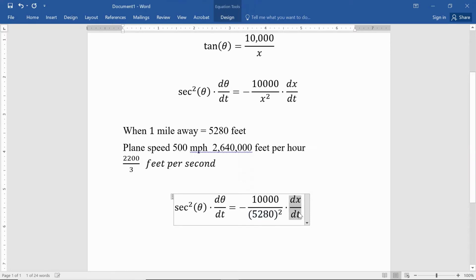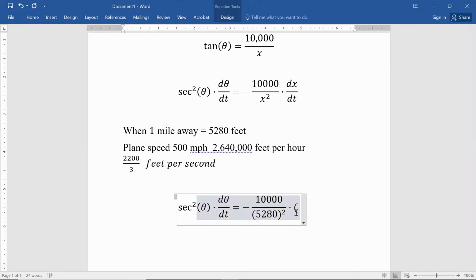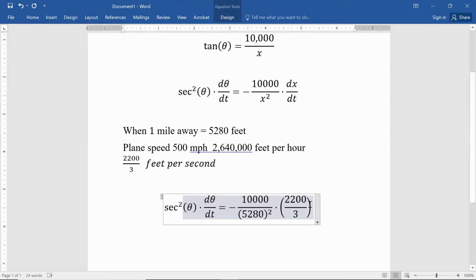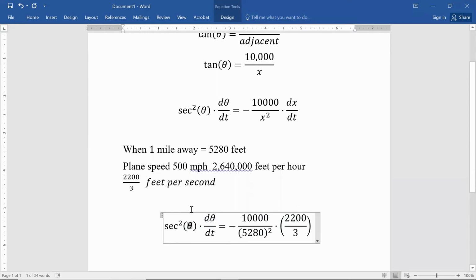The rate we said was 2,200 over 3. So we plug 2,200 over 3 into that equation for our rate that the plane is flying. That's the change in x with respect to t. And then the only other thing I need to do is find the theta.